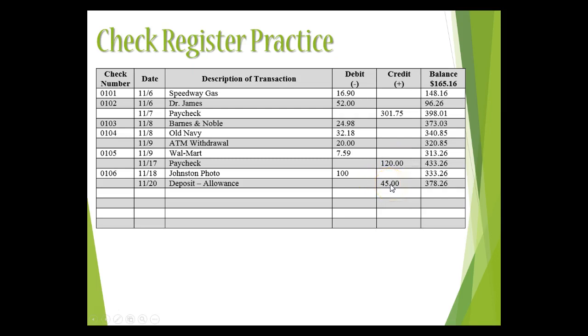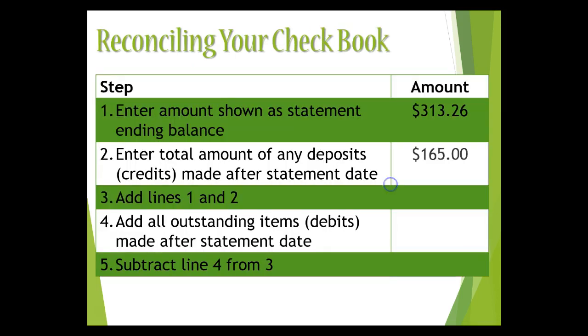So that totals $165 worth of credits to our account. And so we'd enter that in here for step 2. And then let's go ahead and add those two numbers together. And it's telling us that if the bank knew about our deposits, that we would have $478.26.